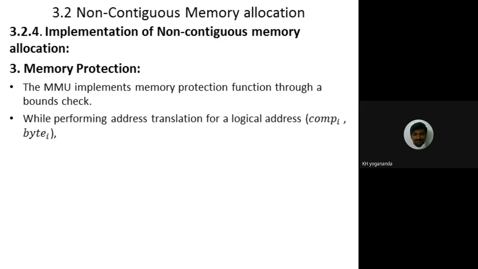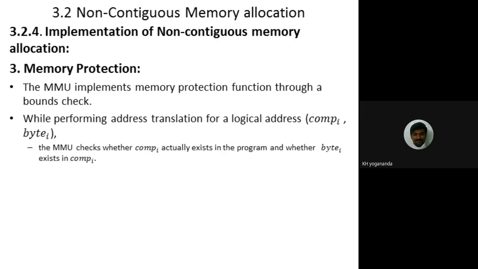Component address and its byte address. Byte is nothing but a part of a component. Component is nothing but a part of a process. So by using component i, byte i, we are able to find the logical address.